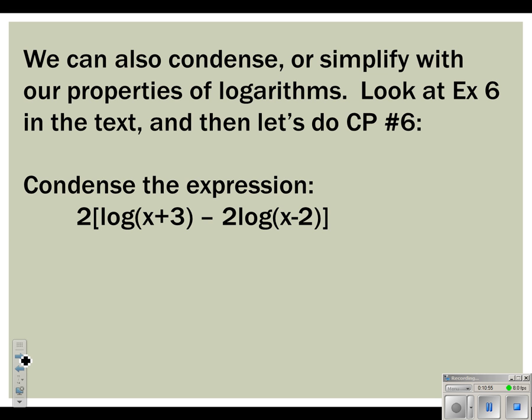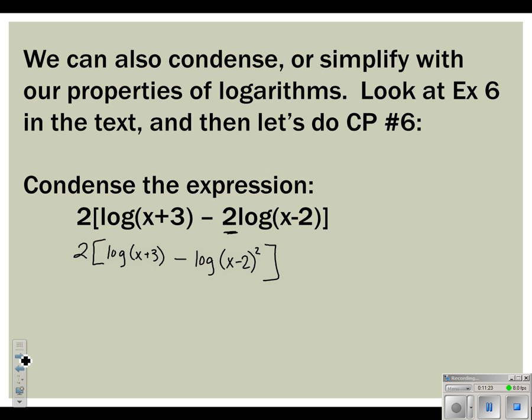When I went at this one, I left the initial part alone because this log with the x plus 3, you know, there was no number in front of log, not inside the bracket anyway. But on the second half of that, there was, where you have the 2 in front of the log of x minus 2. So that was the first thing I rewrote. I took that 2 from out front and I put it behind as a power.